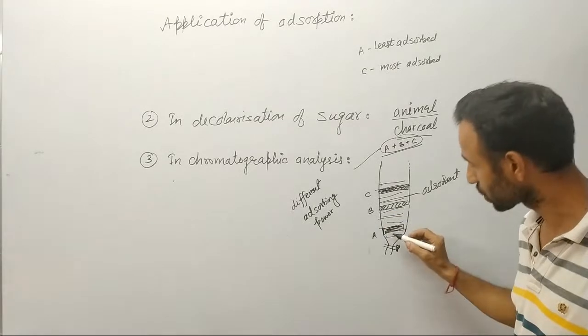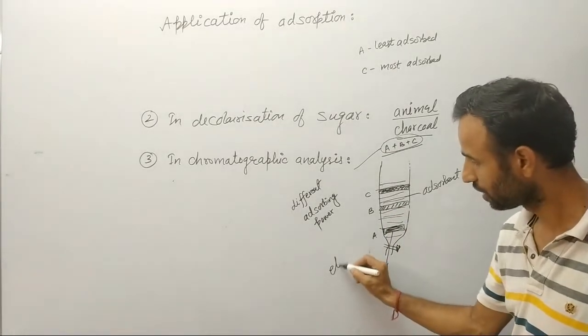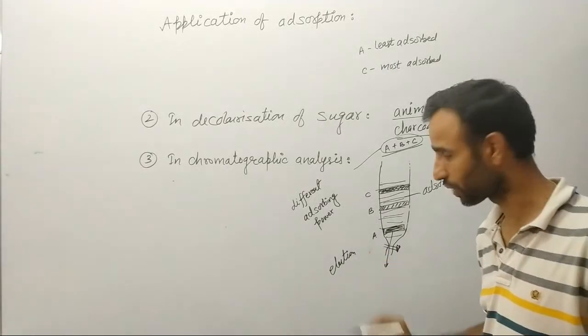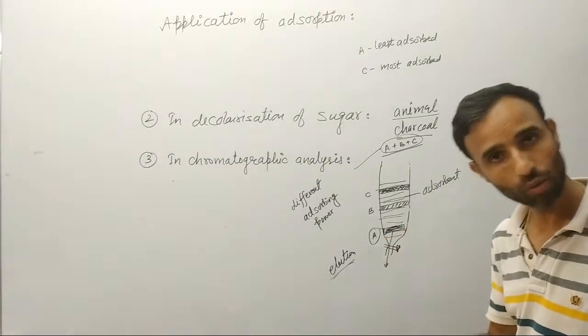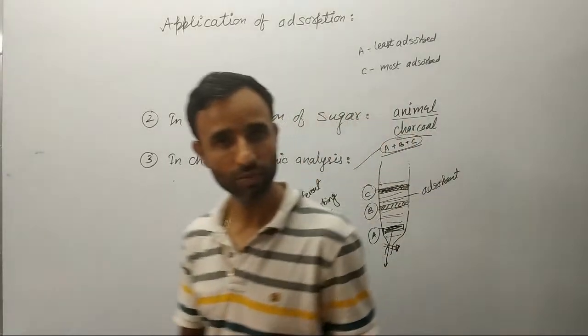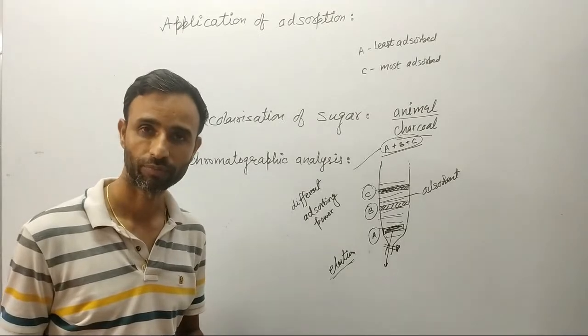So first of all A comes out. This process of removal or separation of components is called elution. First the A component comes out, then B, and at the end C. So this is also an application of adsorption.